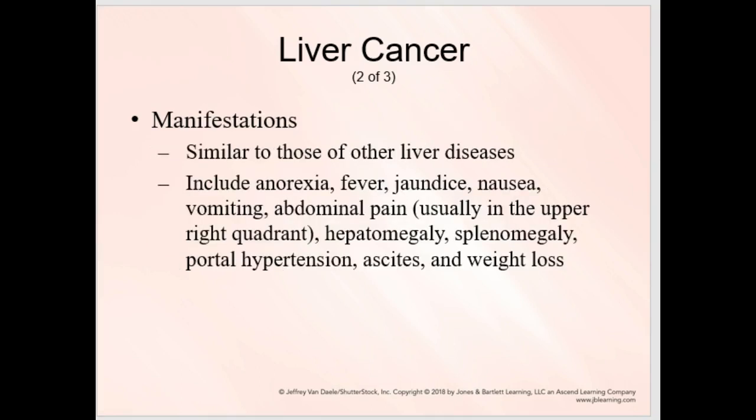So manifestations similar to other liver diseases: your jaundice, anorexia, nausea, vomiting, enlarged liver, enlarged spleen, portal hypertension, abdominal swelling with ascites, and your typical sign with cancer of weight loss.